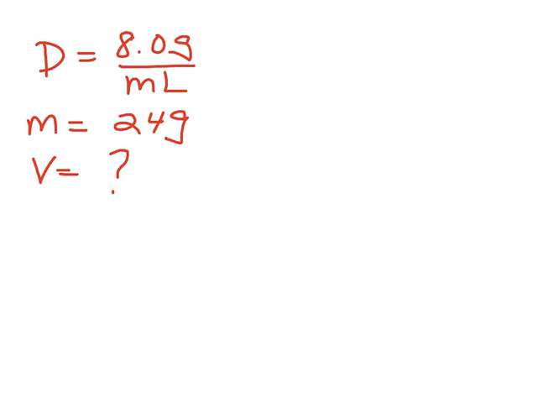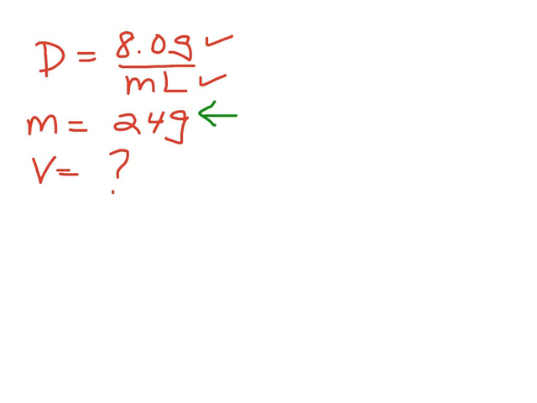Well, we know that if we have 1 milliliter, that's going to have a mass of 8 grams. We don't have 8 grams. We have more than that. We have 24 grams. So how can we find out how many milliliters are in 24 grams?